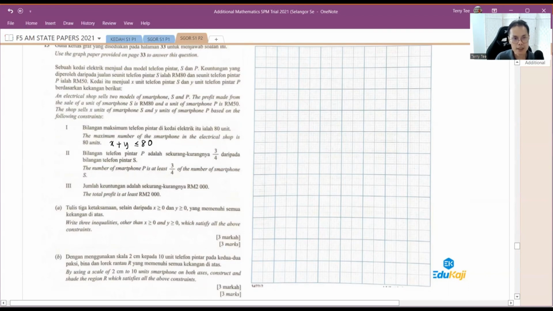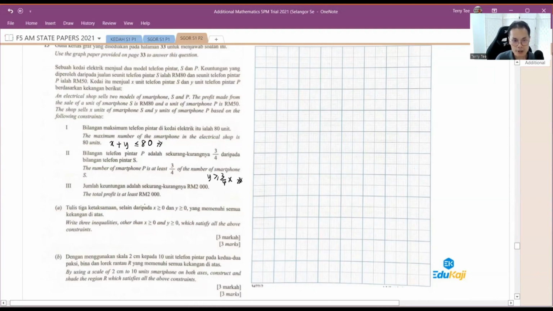Second one, the number of smartphone P is your y. Be careful that they put S first followed by P. So x is S, y is P. So we put y is at least 3 over 4 of smartphone S. Yeah, so this is your second inequality, y greater than or equal to 3 over 4 x.